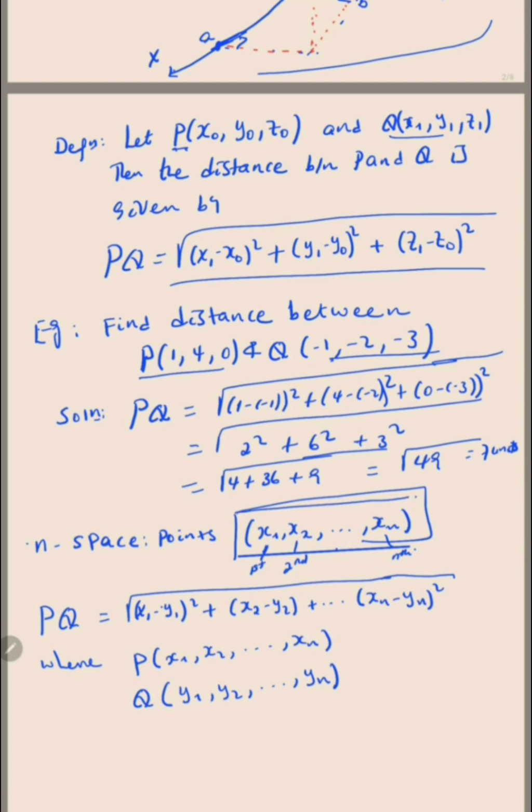That means any point in n-space, or in n-dimensional space, is just an n-tuple of numbers, and the distance between 2 points in n-dimensional space is given by the formula here.